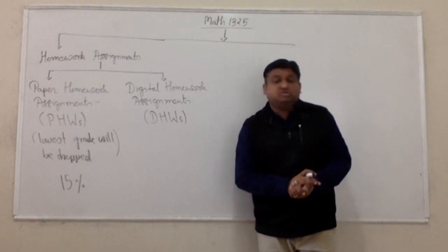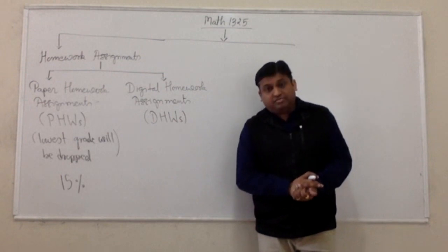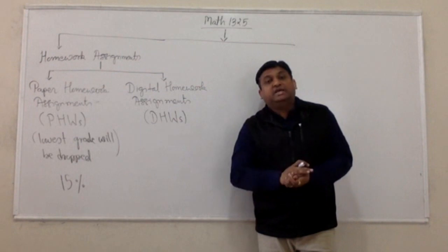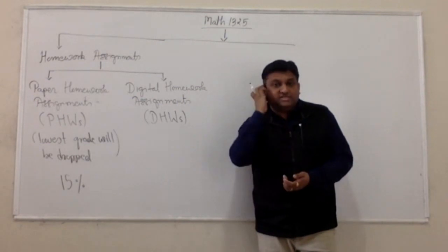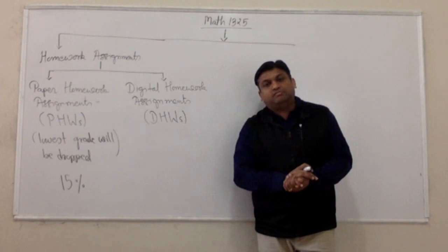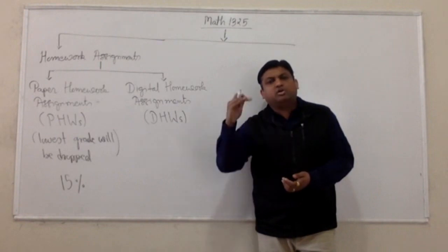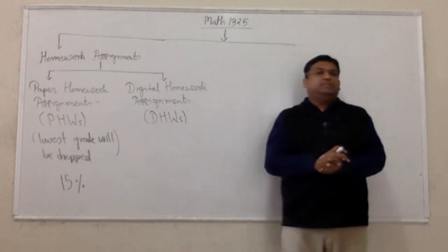To access this homework assignment, you will have to follow the instruction given on the syllabus. All you have to do is click on the exam section. On the home page of the exam section, you will see a link saying Pearson MyLab Mastering. Click on it, follow the instruction, and then it will take you to the Pearson website.